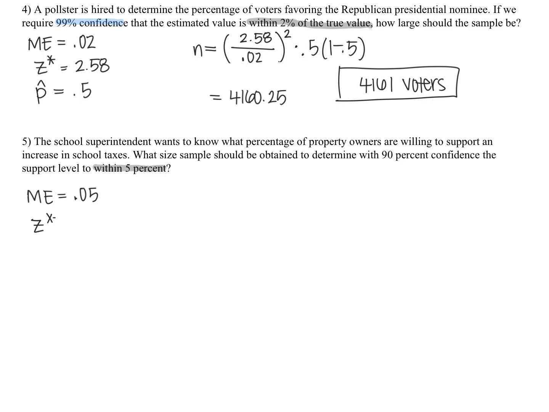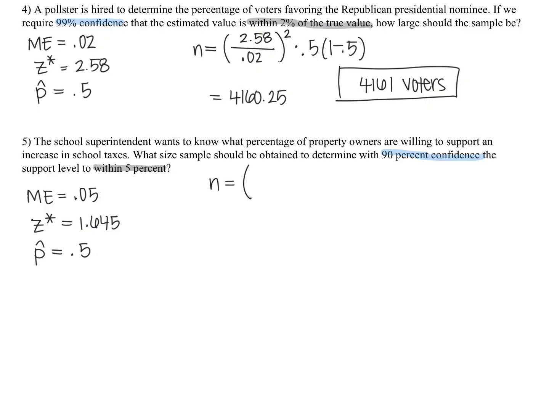My critical value comes from my level of confidence, which is 90%, which we calculated in an above problem. So it's 1.645. Then again, I'm not given a previous p-hat, so we're going to use 0.5.